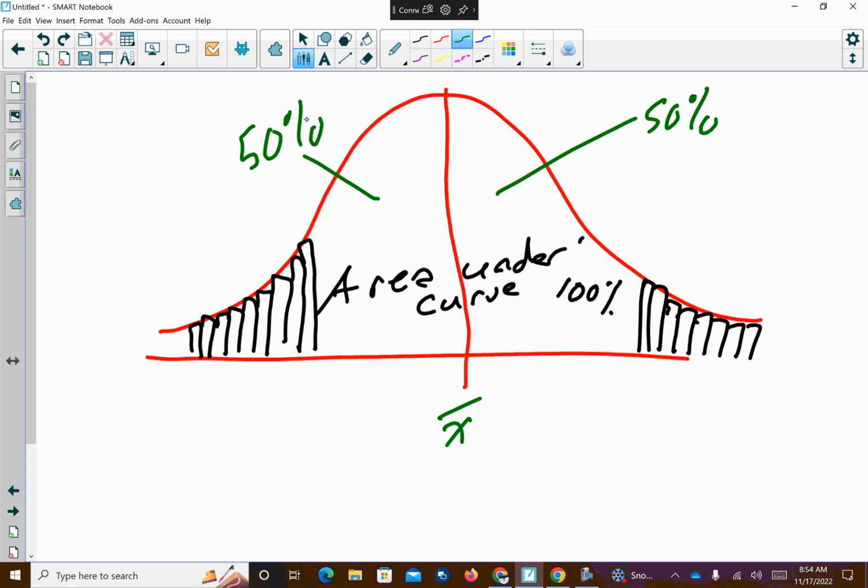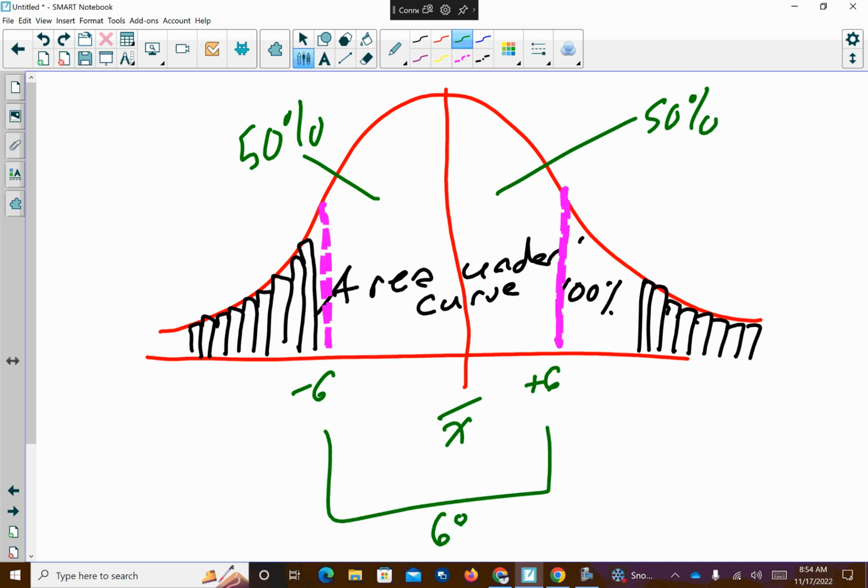Okay, if I have one standard deviation, so the pink we'll call a standard deviation, within that first standard deviation, you're talking about 68% of your data. So when they say most of our data will occur near the center, it's within one standard deviation. So 68% is more than half.